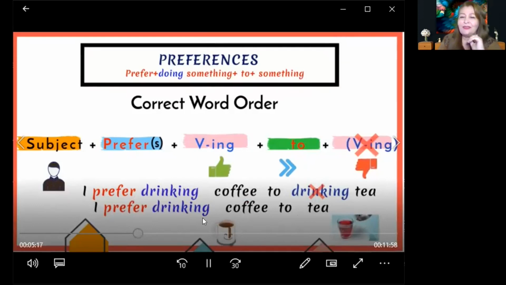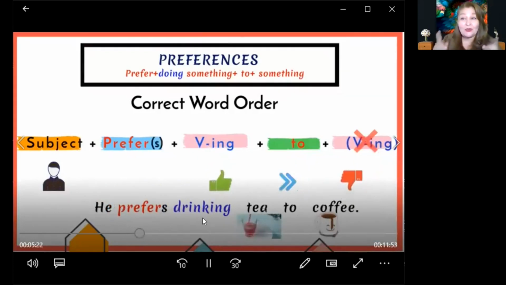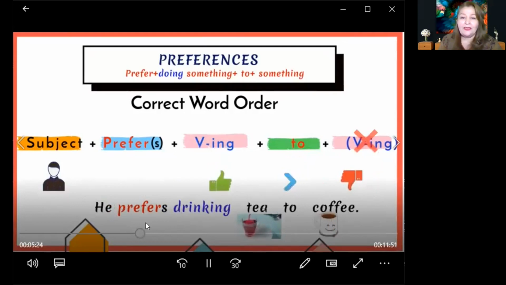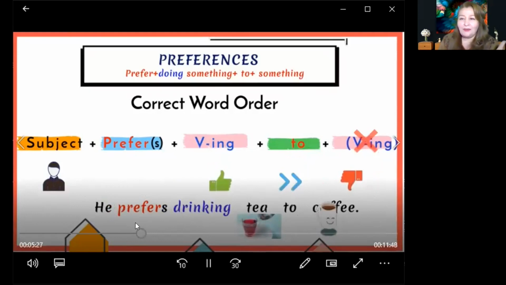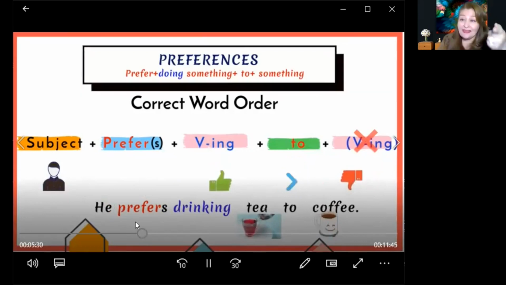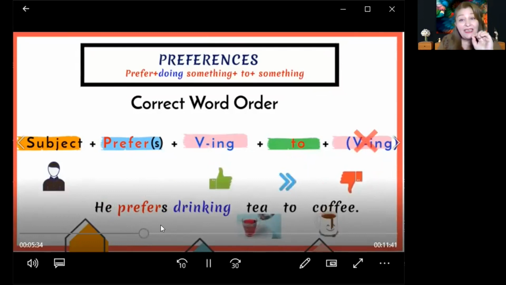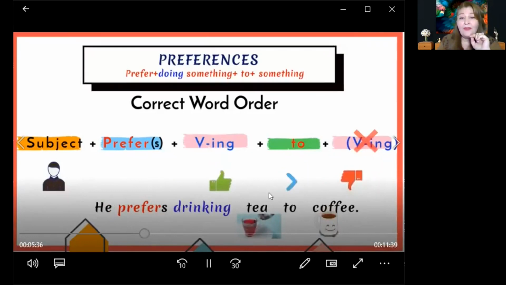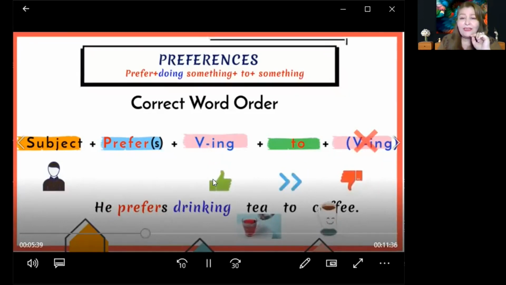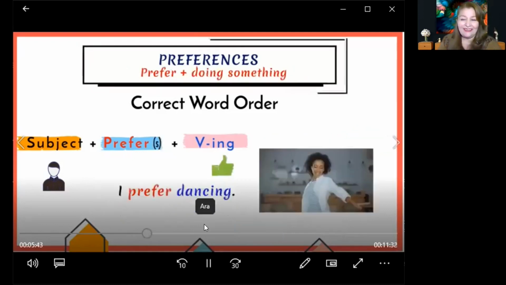It's not a general rule, you can use both of them, but we generally use the first one. And we say, I prefer drinking coffee to tea, or as in this example, he prefers drinking tea to coffee. Be careful, you can use only one for the same action.